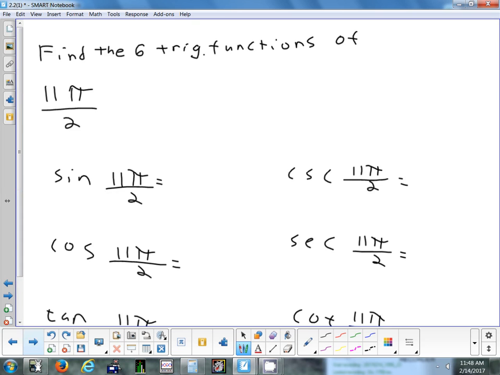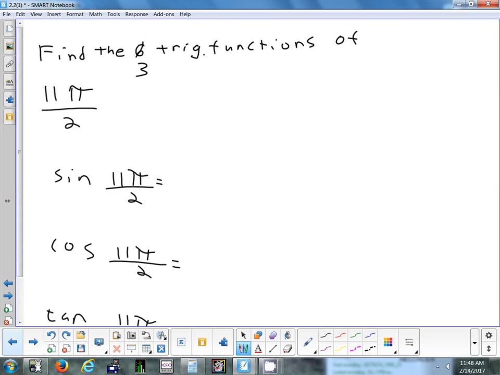And for this one, let's just do the 3. Okay, so find the sine, the cosine, and the tangent again. This time I'm not going to say anything. I'm just going to ask for some advice. What should I do first here?